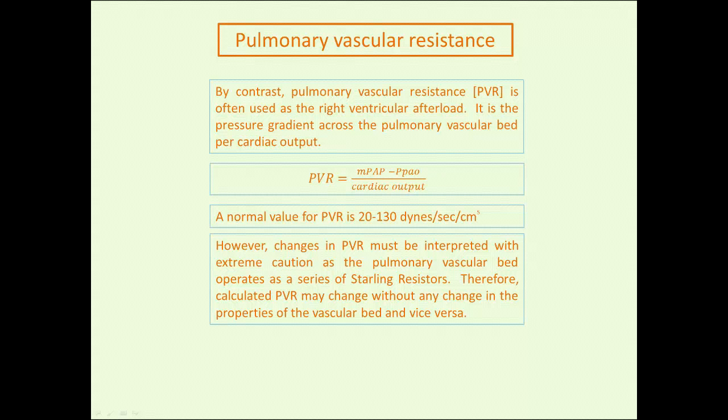Changes in pulmonary vascular resistance must be interpreted with extreme caution because the pulmonary vascular bed operates as a series of parallel Starling resistors. Remember Starling resistors we talked about in Chapter 2, and that is when the pressure within a collapsible blood vessel drops below its ambient pressure, you actually get collapse of the blood vessel, and this creates kind of this fluttering resistor effect.